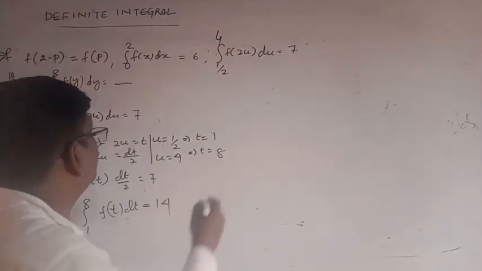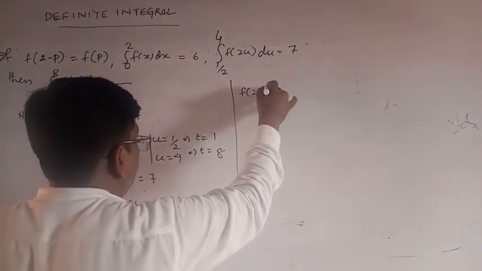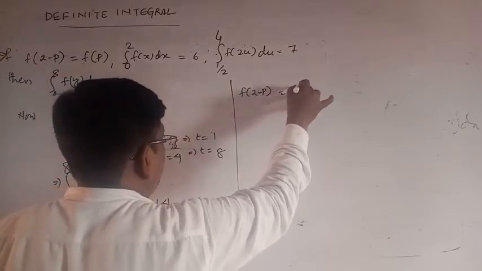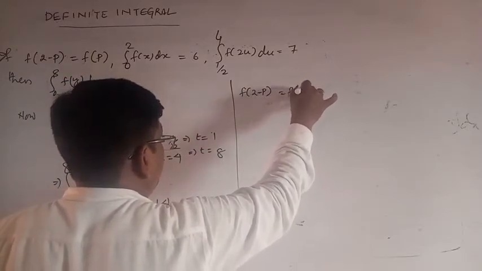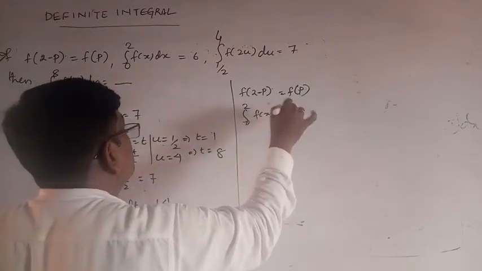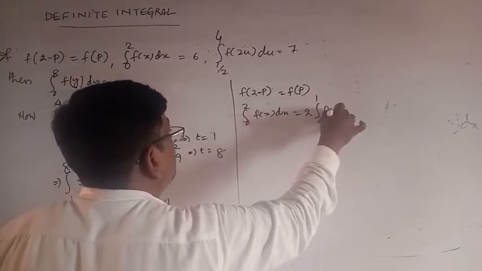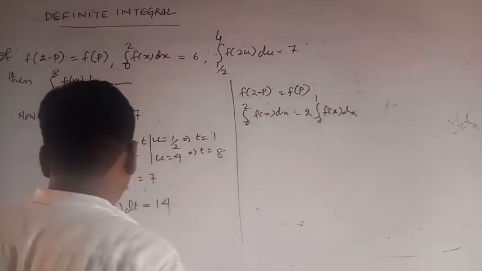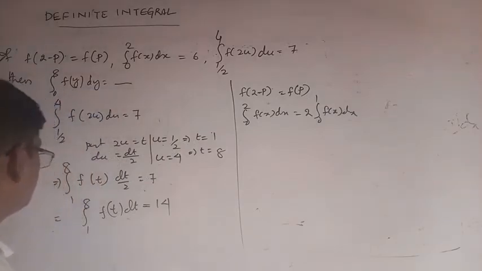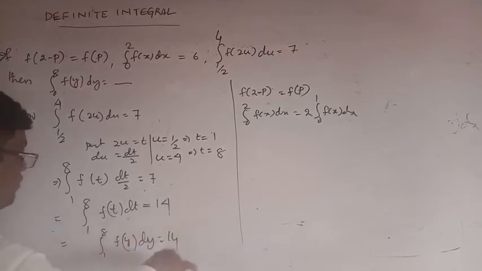Given that f of 2 minus p is equal to f of p, the integral from 0 to 2 of f of x dx is equal to 2 times the integral from 0 to 1 of f of x dx. We can write the integral from 1 to 8 of f of y dy is equal to 14.